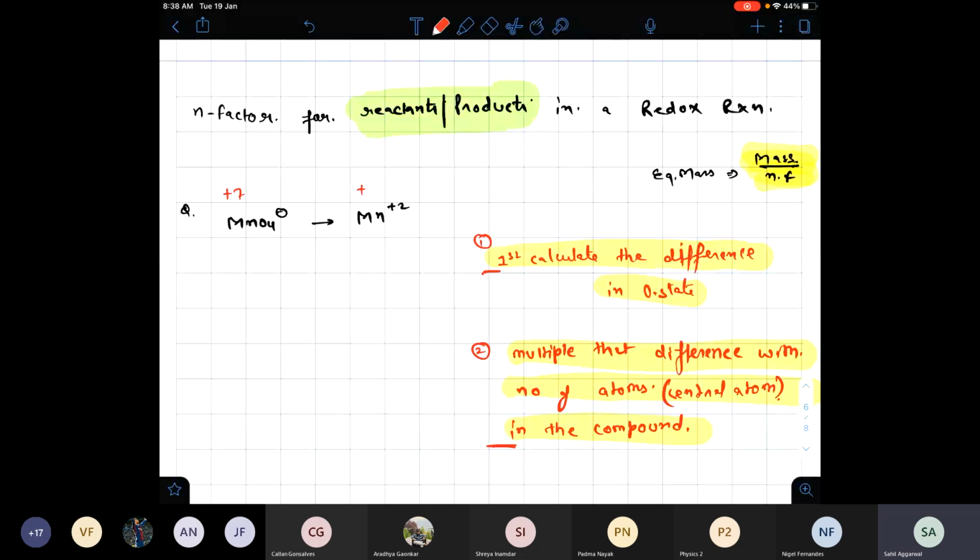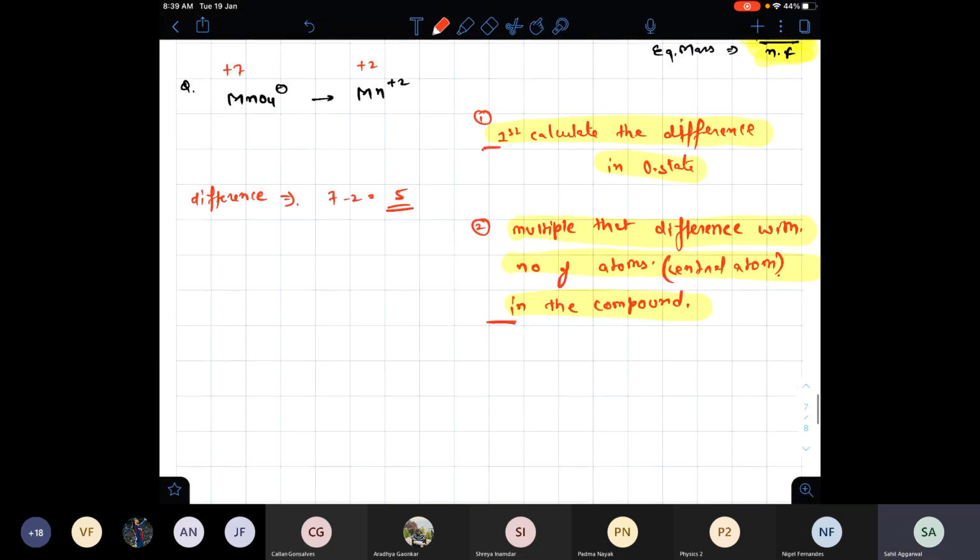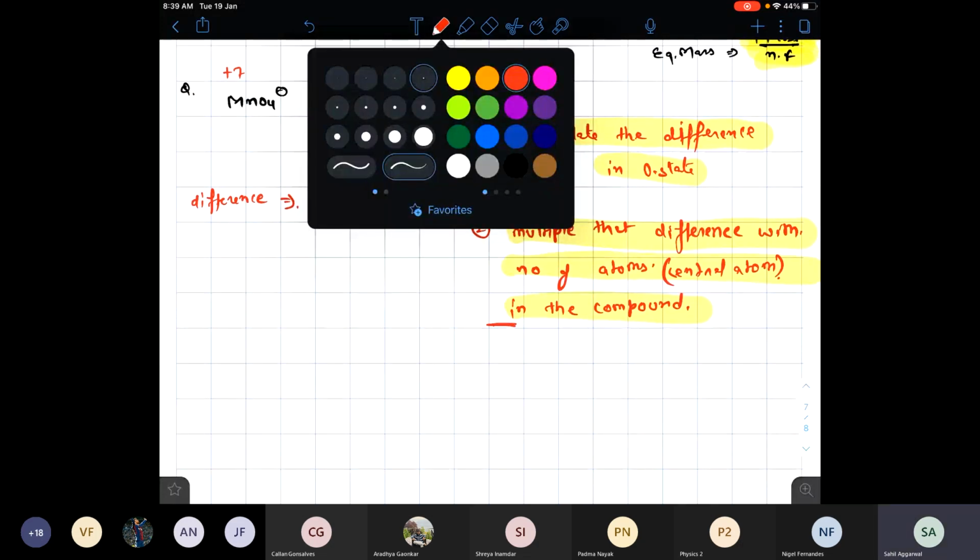How much difference do we have in oxidation state? Five. How many Mn atoms do we have?